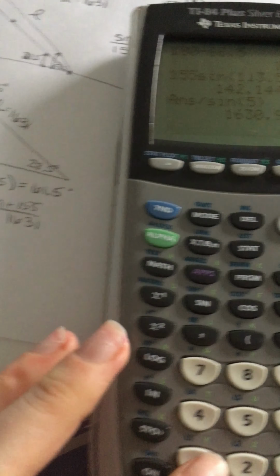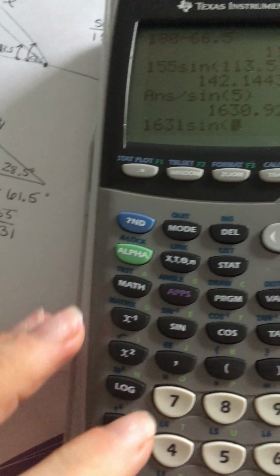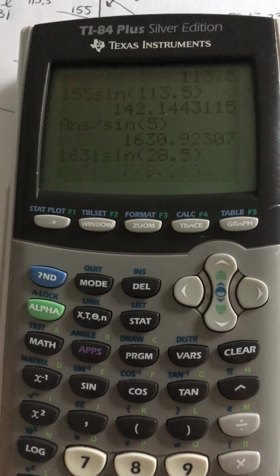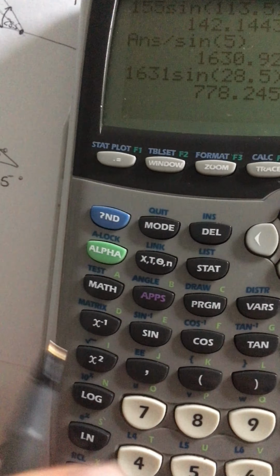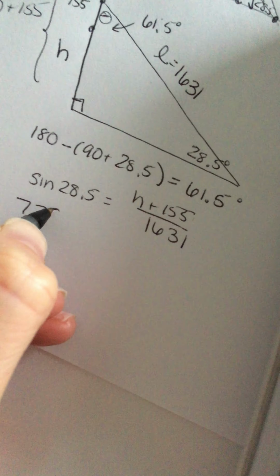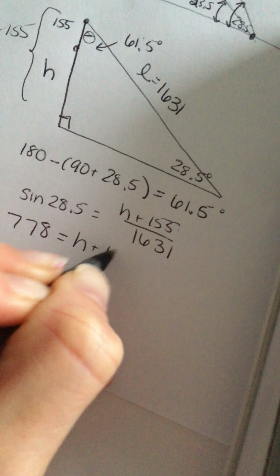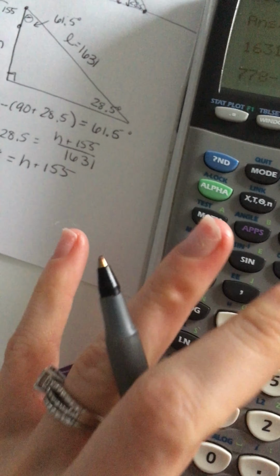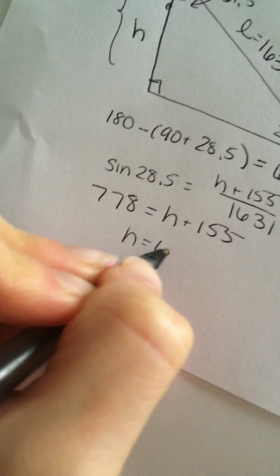All right. 1631 times the sine of 28.5 is 778. So that's going to be 778 is equal to H plus 155. So 778 minus 155 is 623.